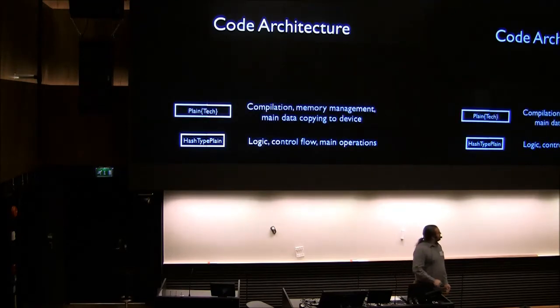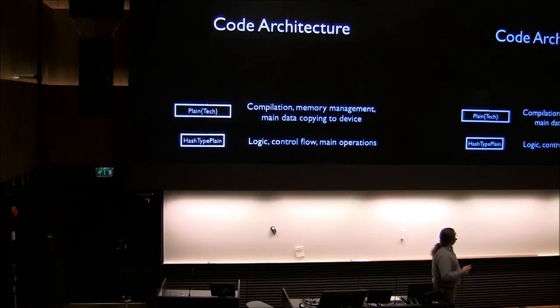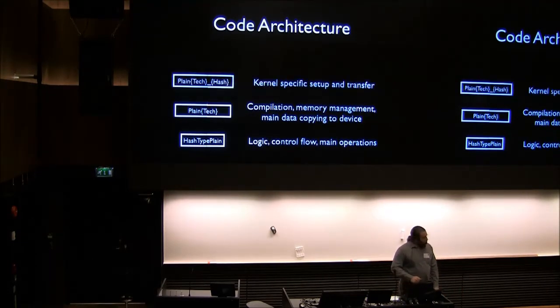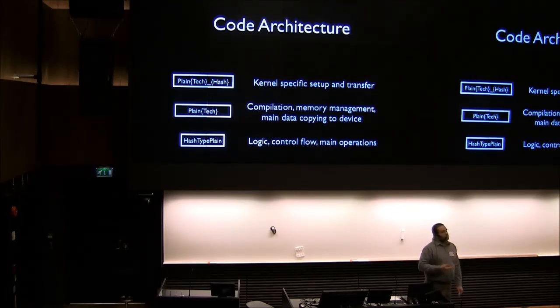The next level up is the technology level, so CUDA, OpenCL, CPU, and this handles things like compilation of kernels at runtime, copying the bulk of the data to and from the device, and any other general technology-specific function. The next level would be the hash-specific instantiation on the host, and this basically serves as a transfer layer into the device kernels.